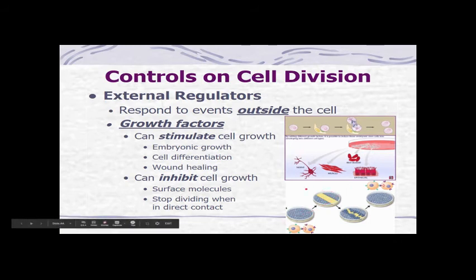But if a strip of cells are removed from that petri dish, then that's going to cause the cells to stimulate their growth because they're no longer touching and crowded. And once they do refill that petri dish, then their growth will once again be slowed or inhibited.